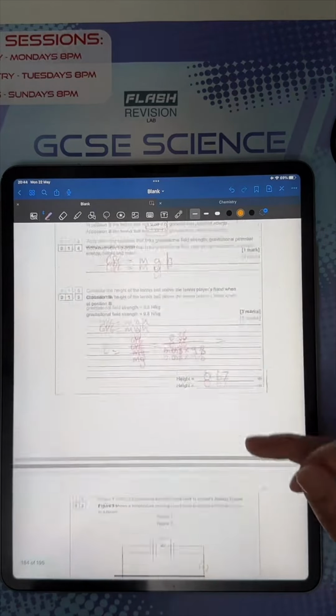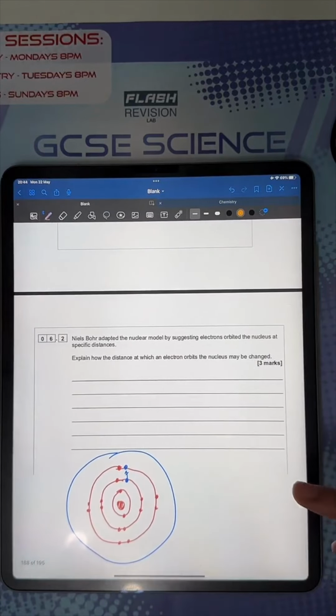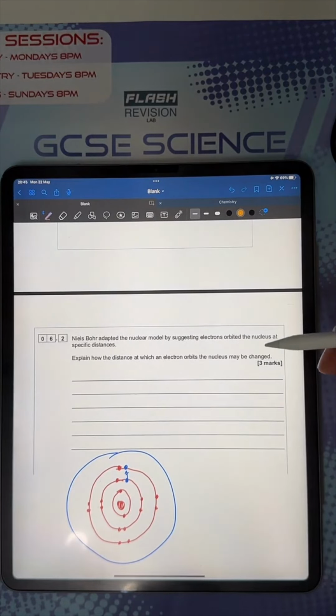So in this question here, how many marks was it? 3 marks. So explain how distances at which electrons orbit the nucleus may be changed.